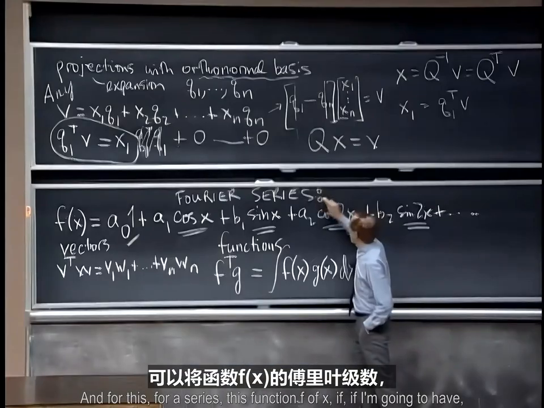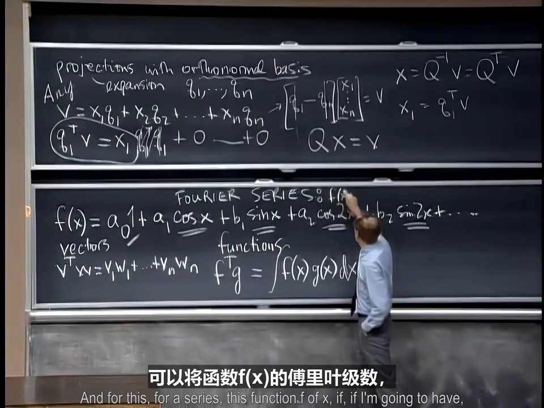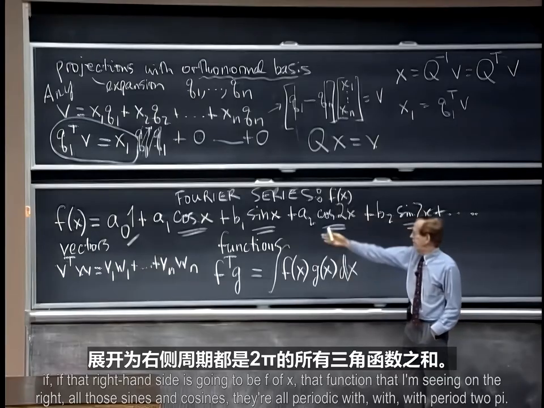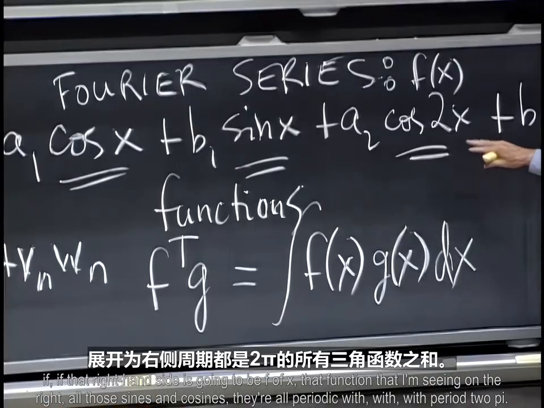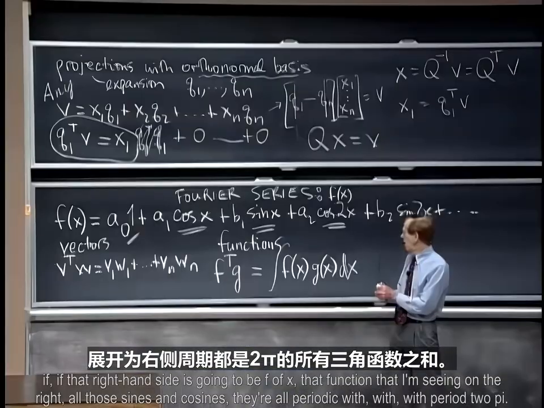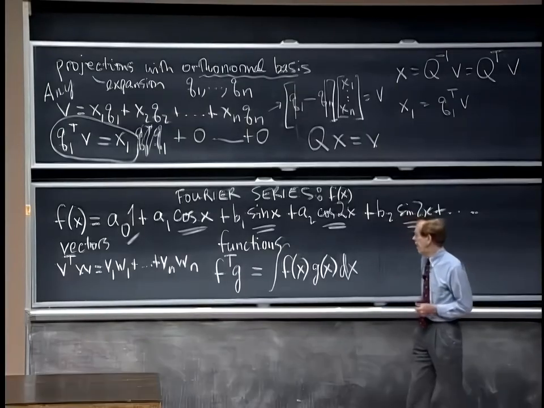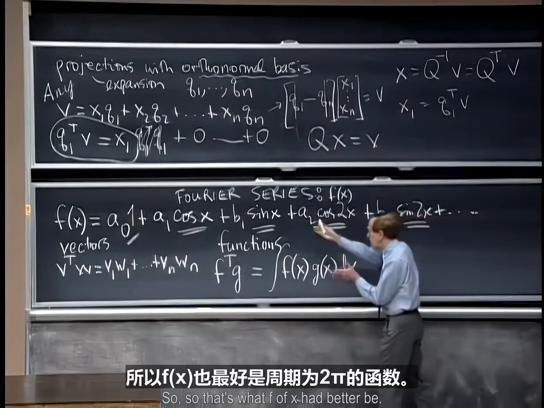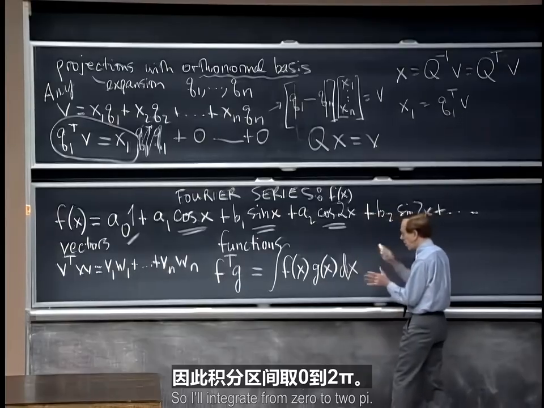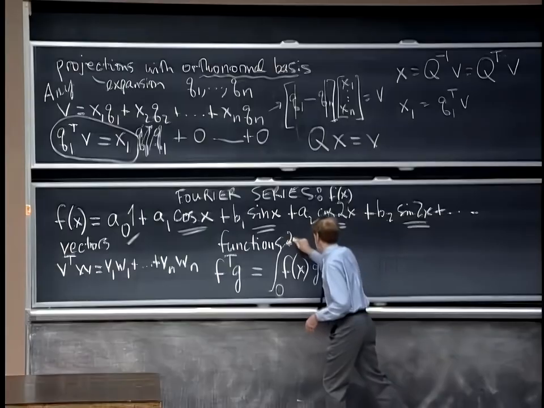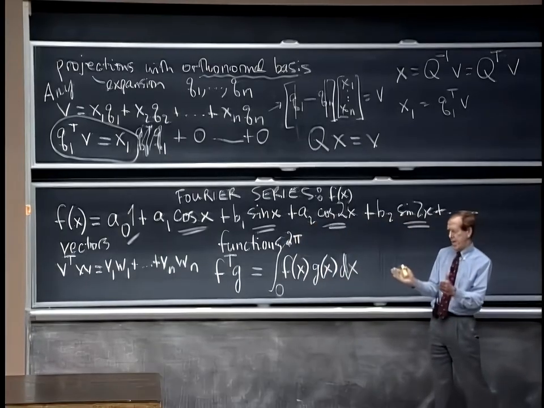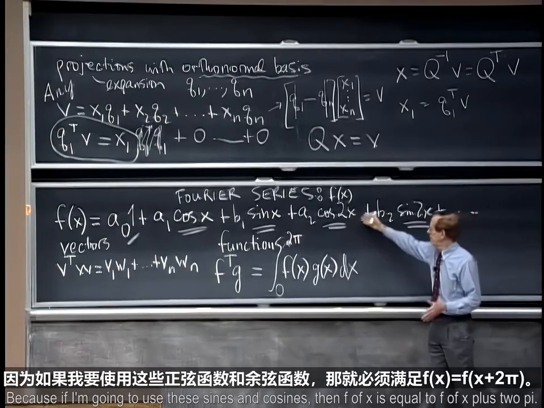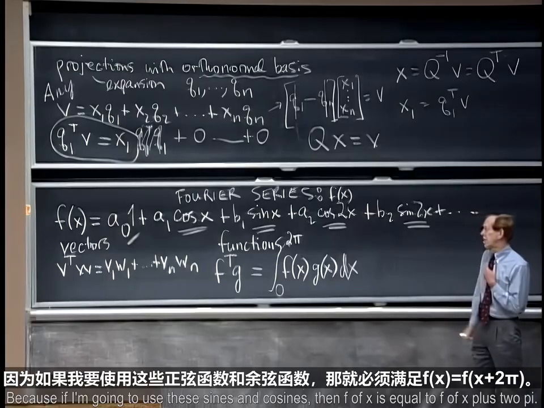For this Fourier series, if that right-hand side is going to be f of x, all those sines and cosines are all periodic with period 2 pi. So I'll integrate from 0 to 2 pi. Everything is on the interval 0, 2 pi now.